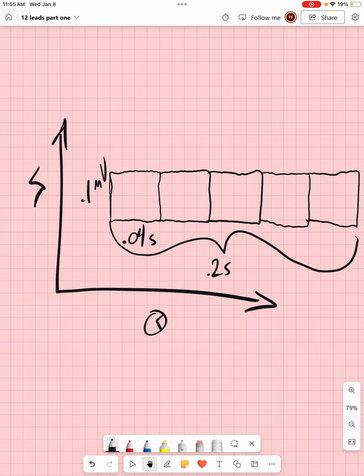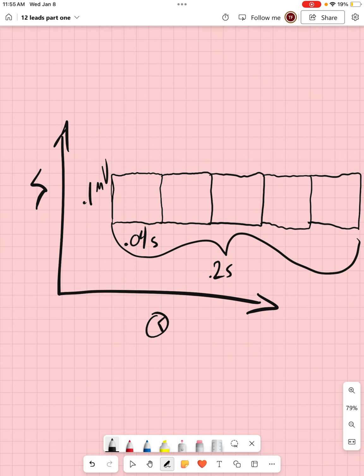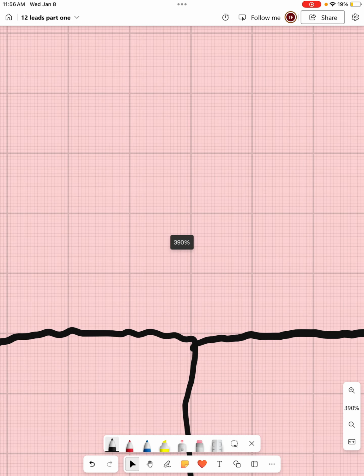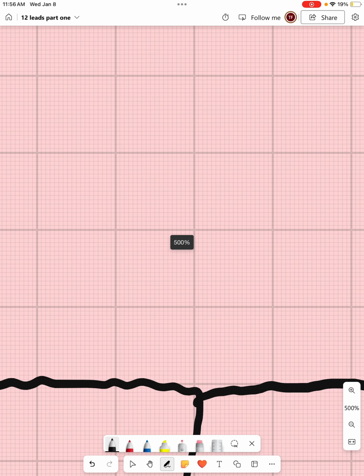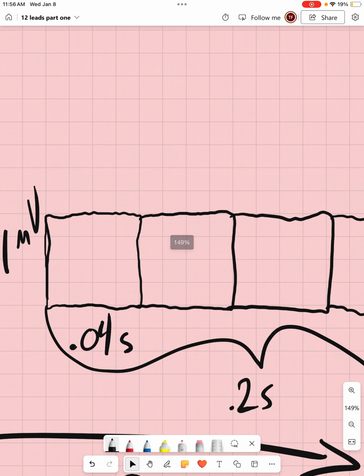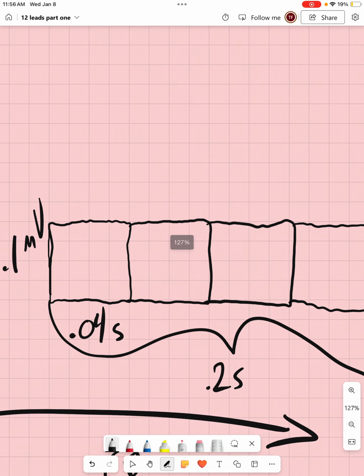And so we are seeing that stimulus over a period of time. I can only zoom in so far with this program, so I made my own boxes here.